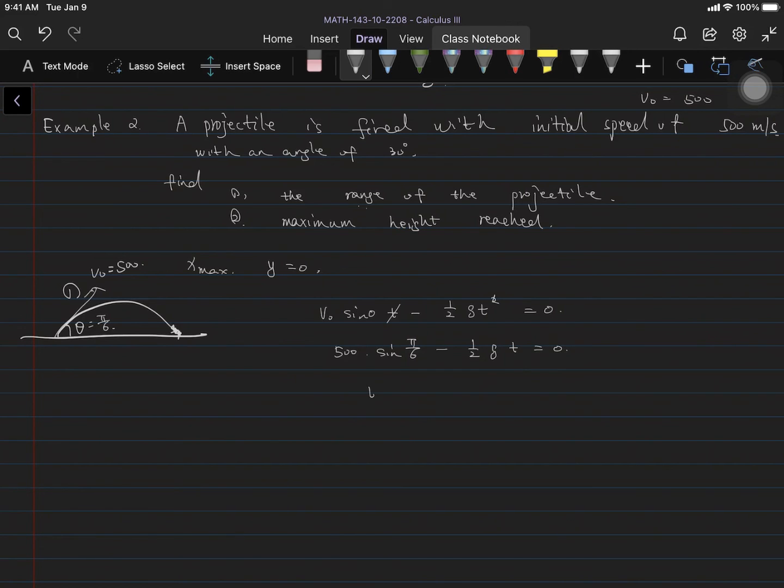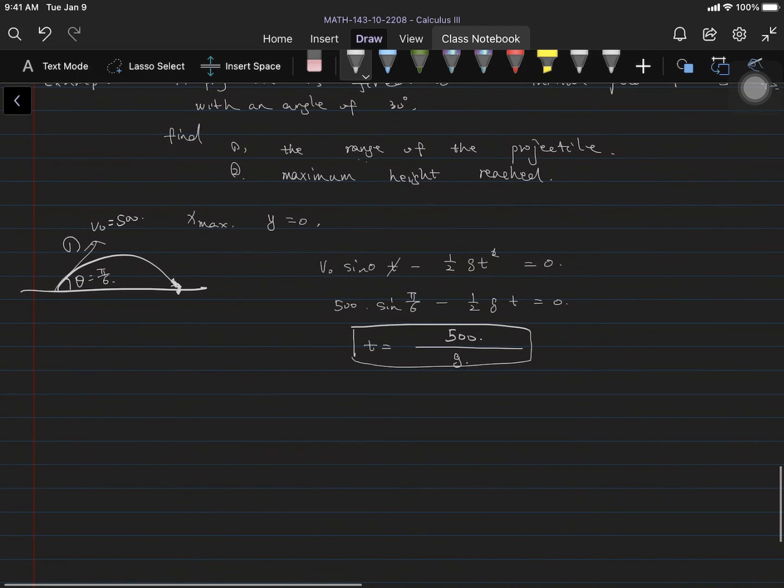Solve for t. Sine 30 degrees is 1/2, so that's 250, times 2, so t equals 500 over g. After this time the projectile hits the ground.